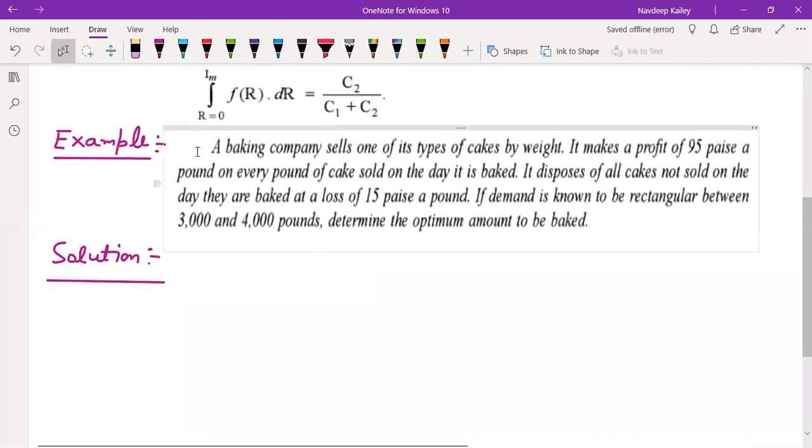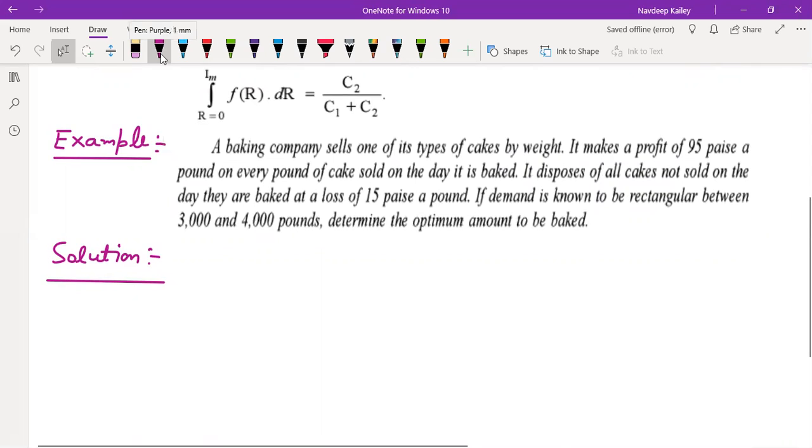Here, a baking company sells one of its types of cakes by weight. It makes a profit of 95 paise a pound on every pound of cake sold on the day it is weighed.